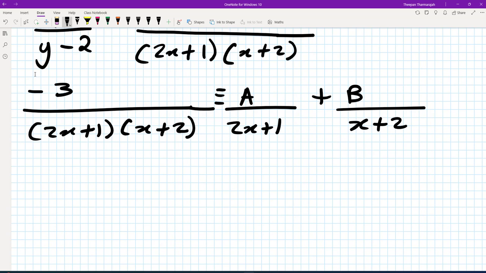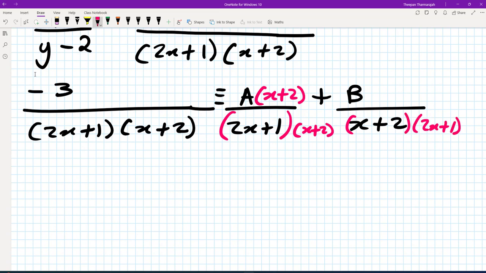So from partial fractions, we know that we're going to times this one by x plus 2, times that by x plus 2, times that by 2x plus 1, times that by 2x plus 1.